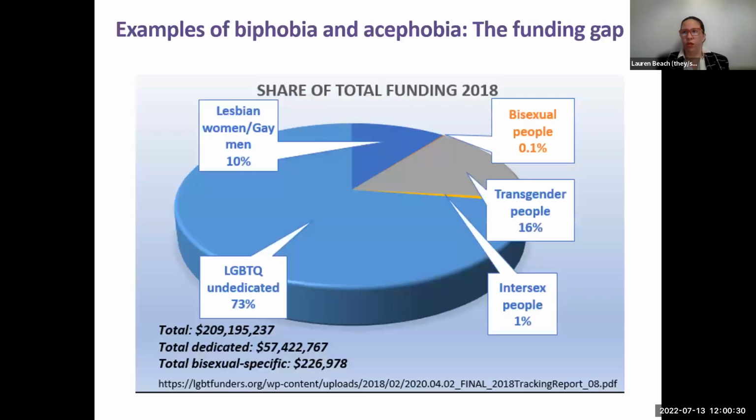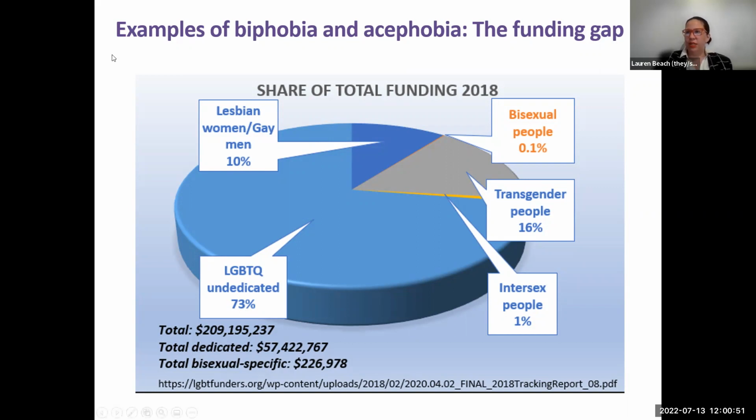So other impacts of acephobia and biphobia. This is LGBT Funders for LGBTQ Issues puts out an annual portfolio assessment, and in many of those portfolios, for different years, they have looked at the breakdown of funding by different letters within LGBTQIA communities.